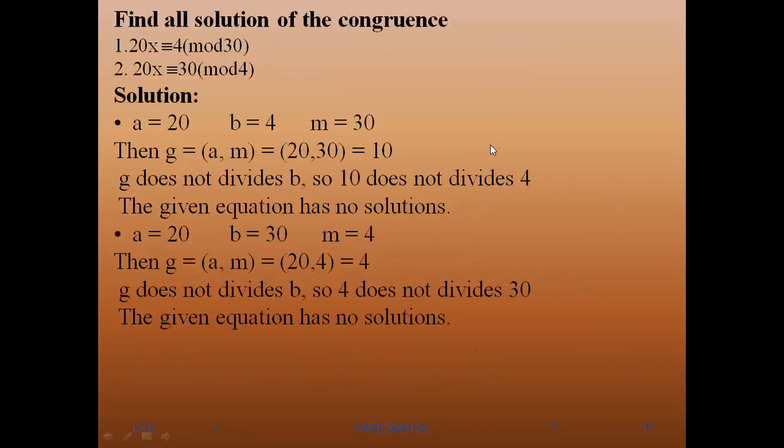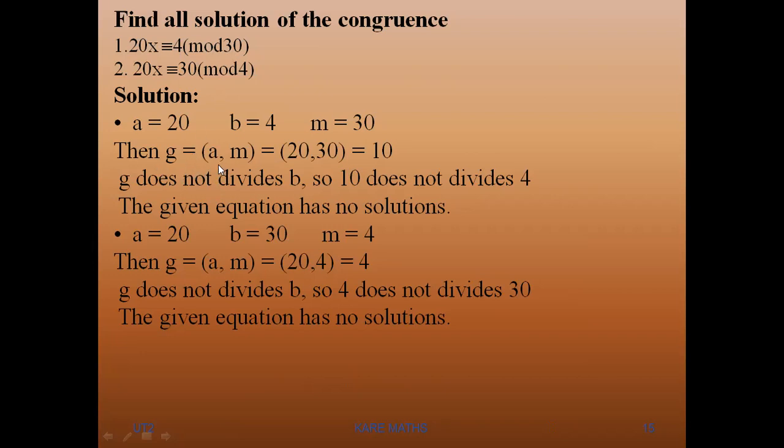Next, find all the solutions of the congruence; higher order congruences we're talking about here. 20x is congruent to 4 mod 30, and the next example, 20x is congruent to 30 mod 4. In the first example, A is equal to 20, B is equal to 4, and M is equal to 30, that is, AX is congruent to B mod M. What is my G here?